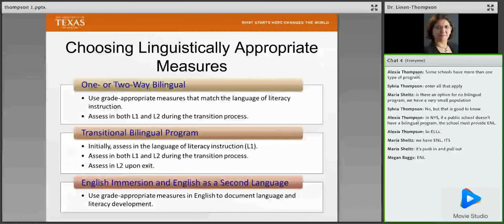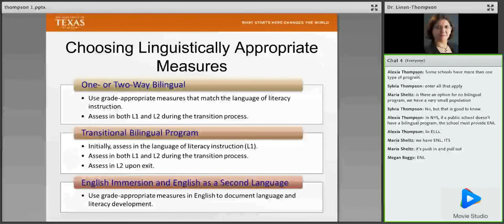So this is, again, something that we've been working on in terms of choosing linguistically appropriate measures. And part of our goal here, too, is how do we help schools and teachers make sure that they can monitor both students' reading growth and language?